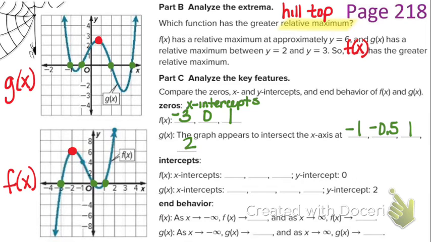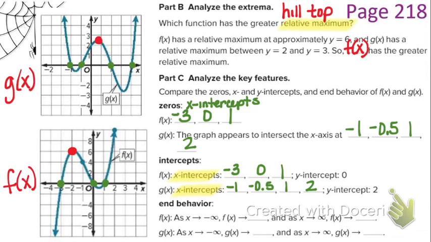Now, x-intercept is the exact same thing as zero. So when we list our x-intercepts, it's the exact same. So our x-intercepts for f of x are -3, 0, and 1. So it's our same answer. For g of x, our x-intercepts are at -1, -0.5, +1, and +2.